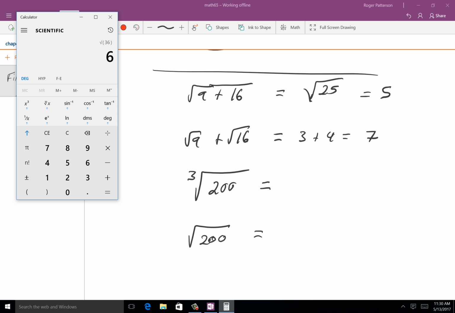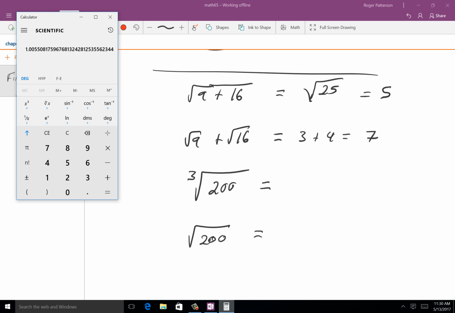It could be a Y, it could be an N. That's how you find a root that's not a square root. To do those, I think you have to put the root first. So I would go 3 first, then hit that, I think. Oh, yeah. 3 root of 200 and see if it works.